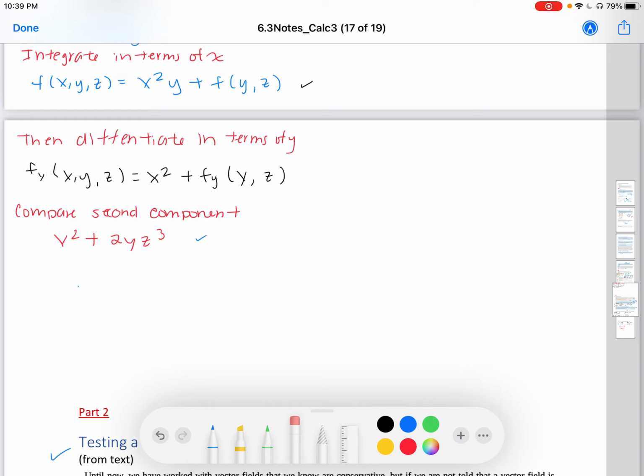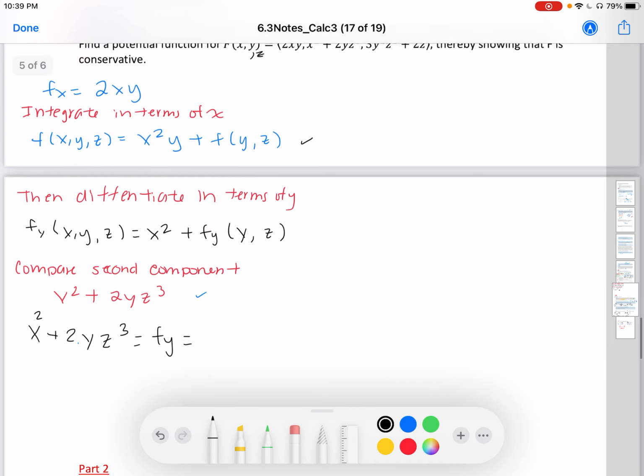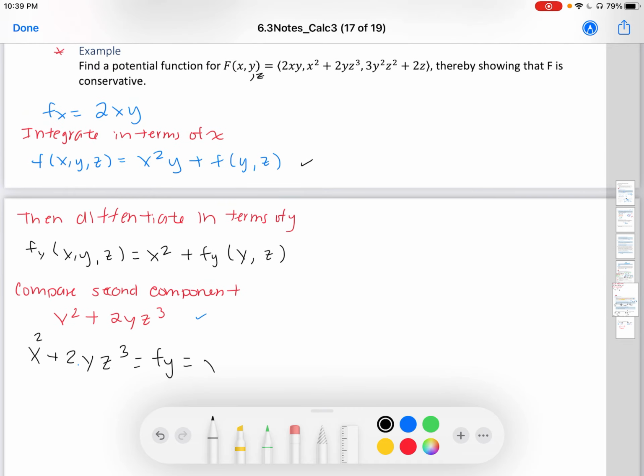So we have x squared plus 2y z cubed equals h sub y, which is x squared plus 2y z cubed.